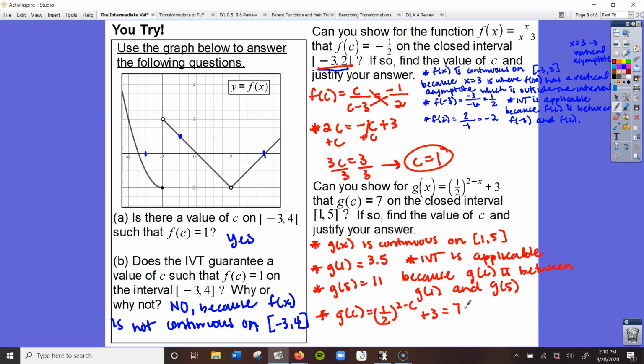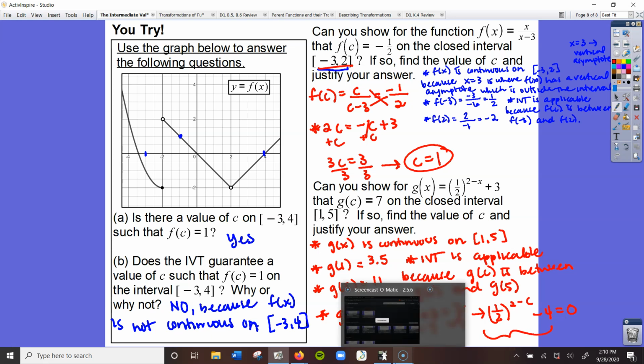Those are our x-intercepts. So whenever you have a scenario like this, we need to first make it equal to 0, and then we can go ahead and graph. So we're going to subtract this 7, and our function will now read 1 over 2 raised to the 2 minus c, minus 4, is equal to 0. This is what I'm going to graph.